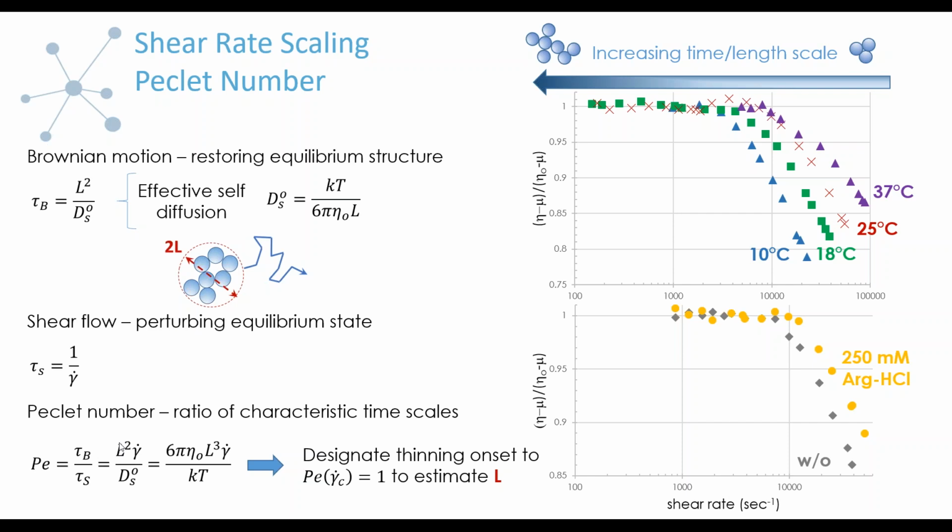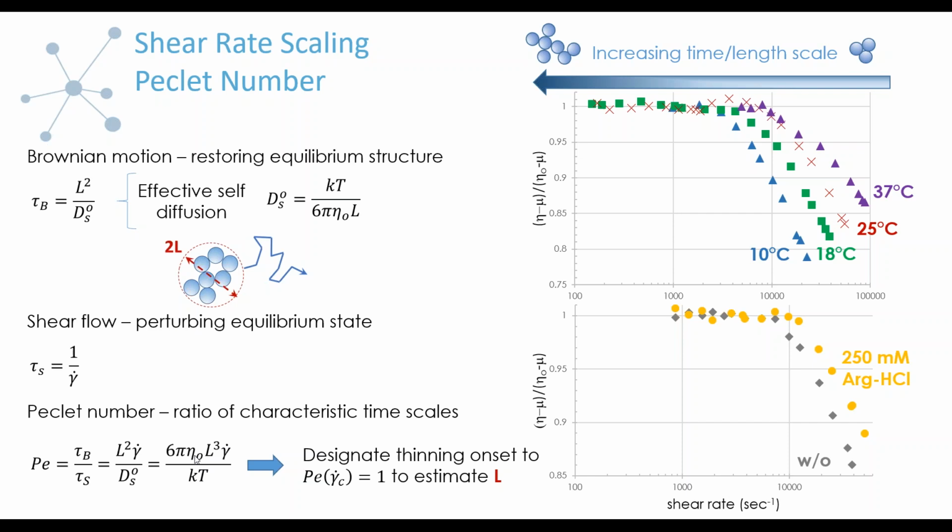So to look at the tipping point, to see where Brownian motion is starting to fail and being overtaken by the shear flow, we're going to look at a characteristic Peclet number value of somewhere around 1. One of the things we're looking to extract from our analysis is what this characteristic length scale is and how it changes with my different formulations.